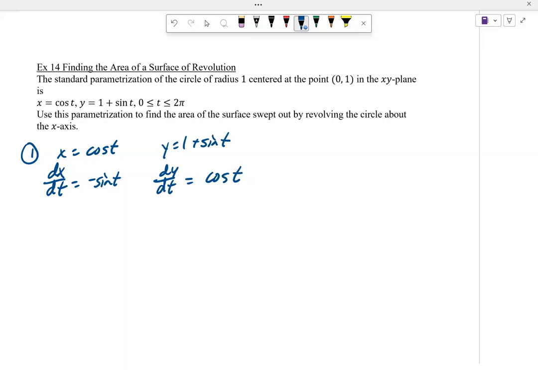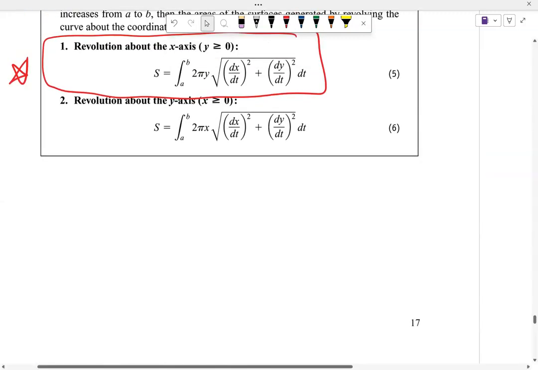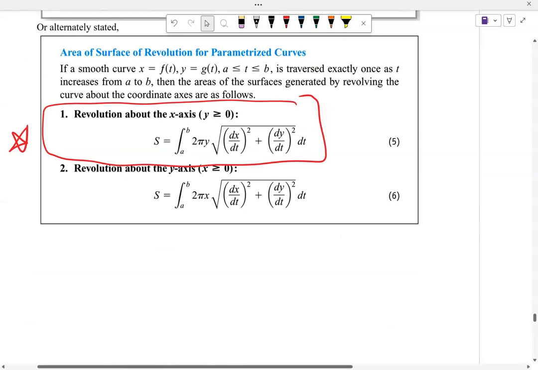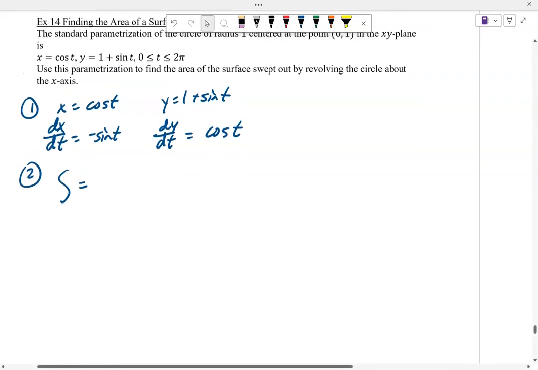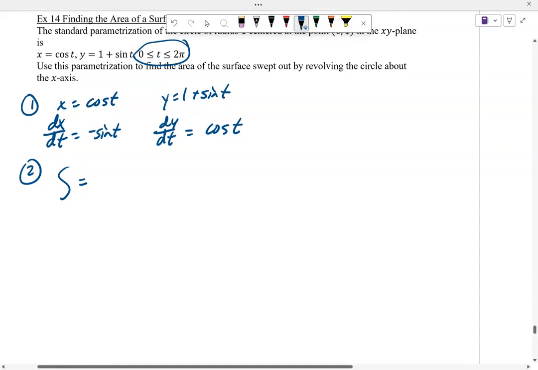And so, back up here again, I'm using the area of a surface of revolution. So capital S here, area of a surface of revolution, going from t being 0 to 2 pi.